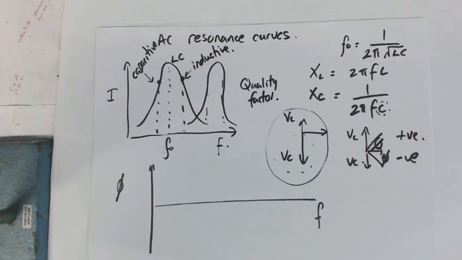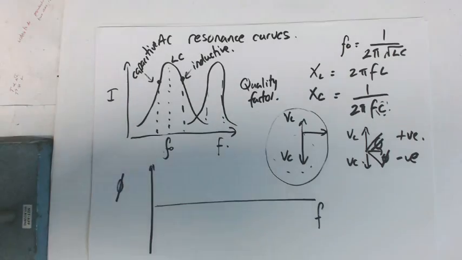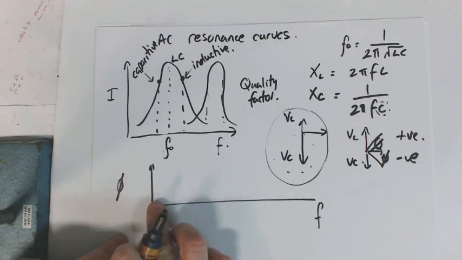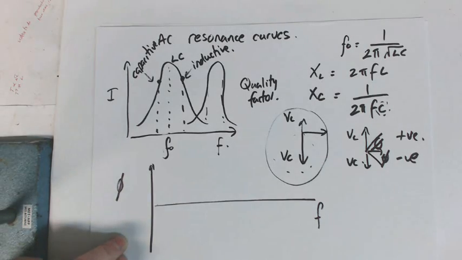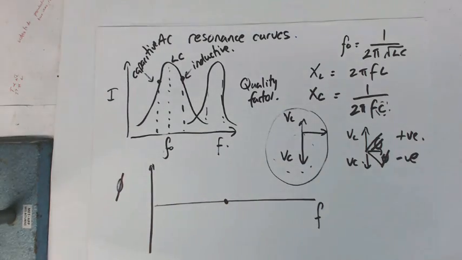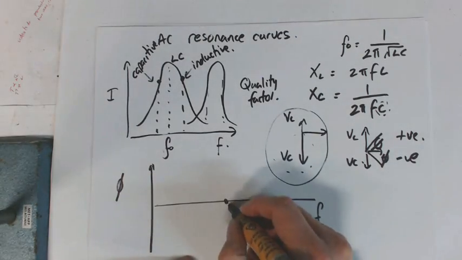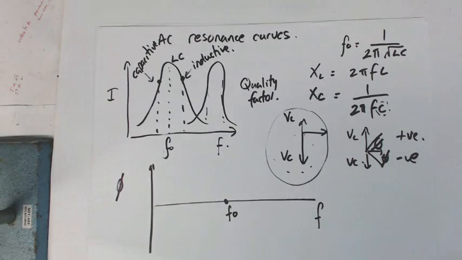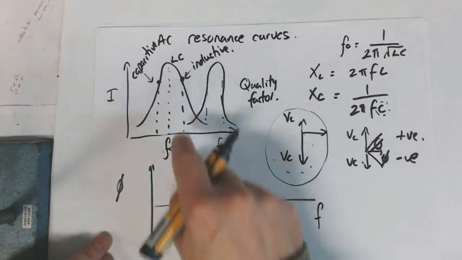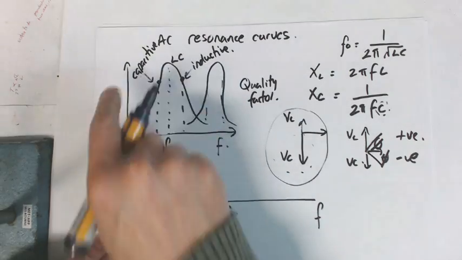Right? Are we good with that? And so what we could ask ourselves is, as we increase our frequency, there's a point at which, f0 if you like, where the phase angle is 0. We know we're going to get that point because that's when we're in resonance. So this would be f0. As we found, our frequency here before was lower, so it was a capacitive circuit.